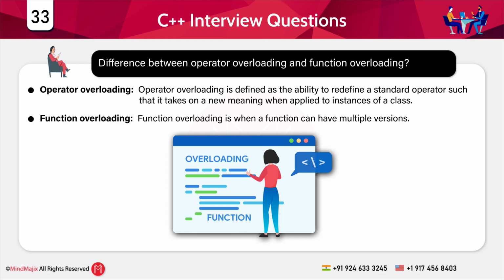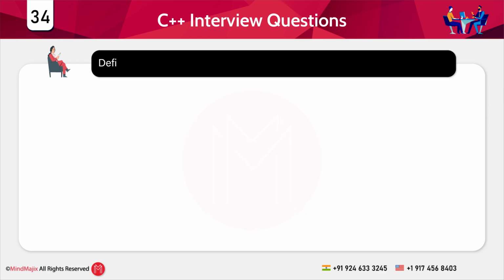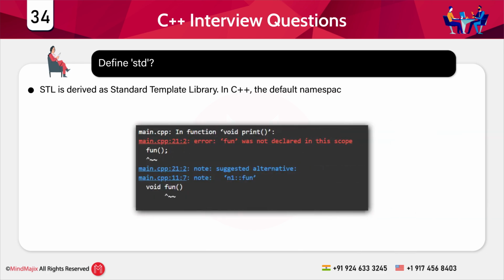I hope this clears the difference between operator overloading and function overloading. The next question is, define STD or standard. STL is nothing but the standard template library, and in C++, the default namespace is std.